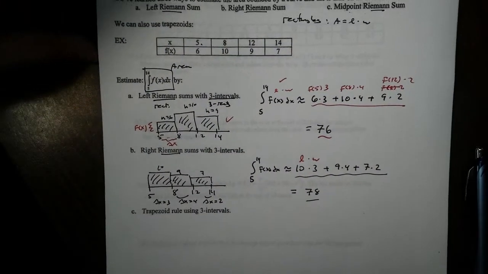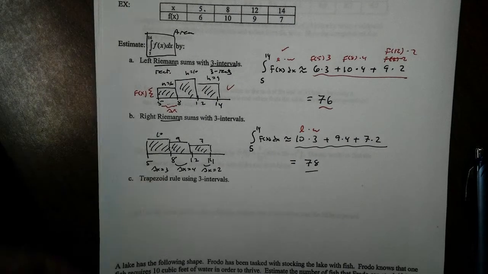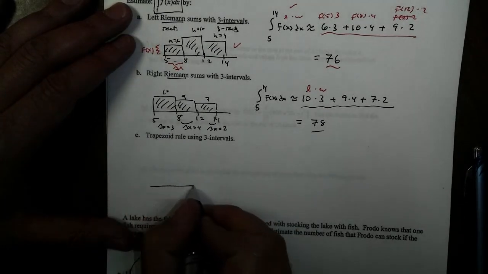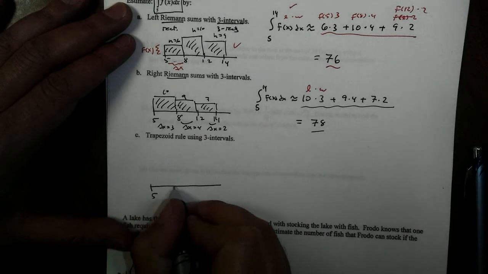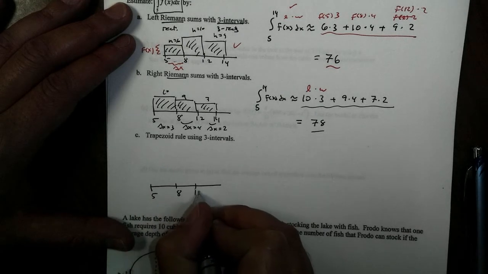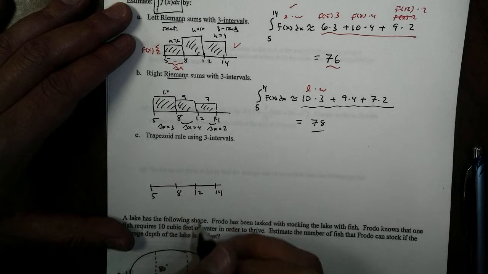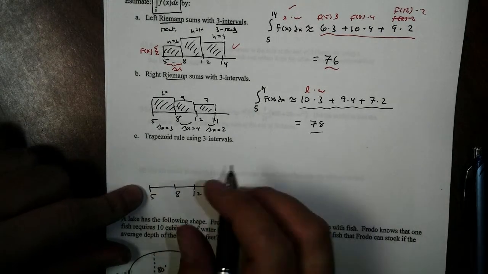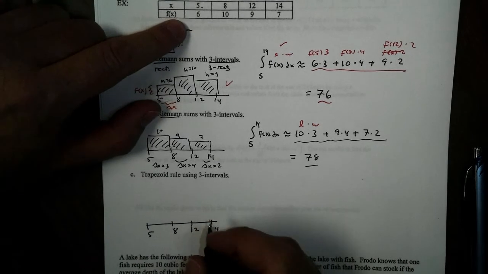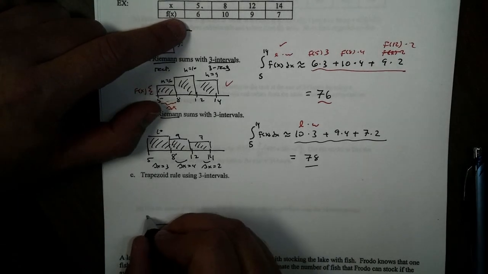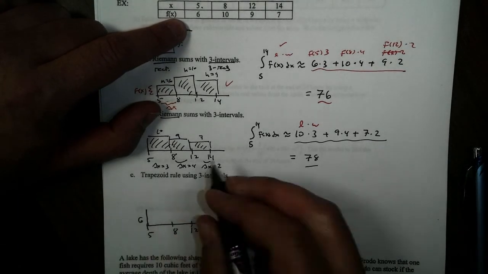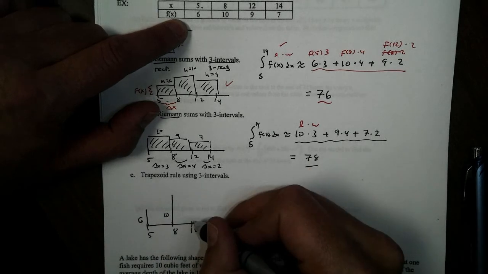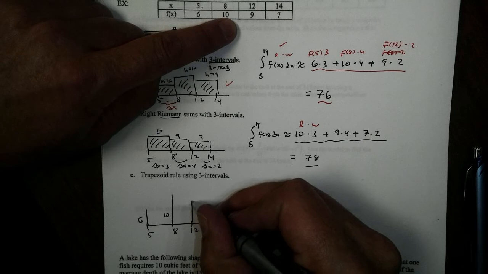The trapezoid method. We're still going to use 3 subintervals. So we got the 5, the 8, the 12, and the 14 here. But this time we're going to use all the sides. For example, at 5 we have a height of 6. 8 has a height of 10. 12 has a height of 9.